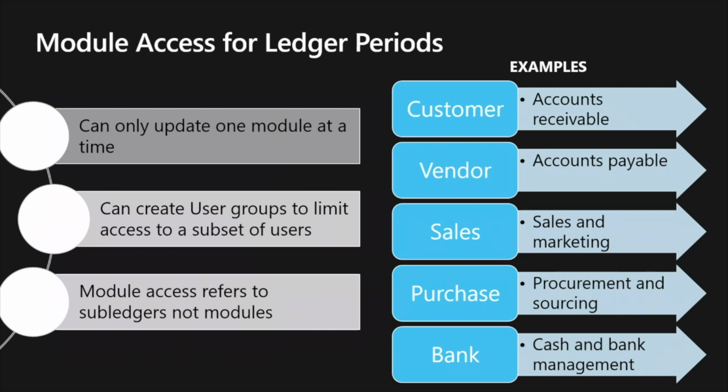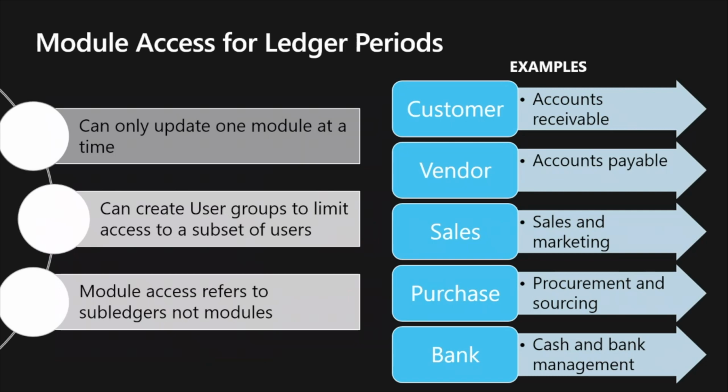With generally accepted accounting practices, transactions should be recorded in the period where they occurred, or they should be accrued in that period. In many organizations, accounts receivable and sales are closed much quicker than accounts payable and purchase invoices, just as an example.